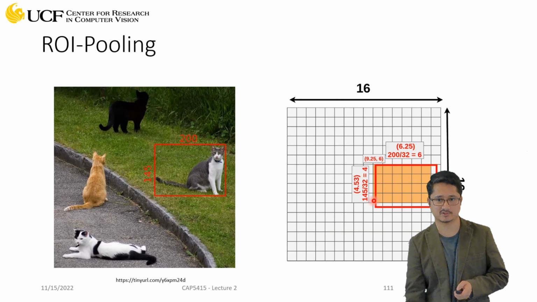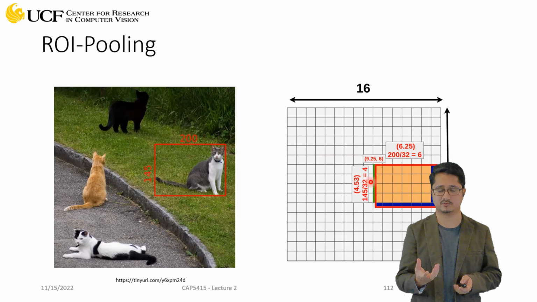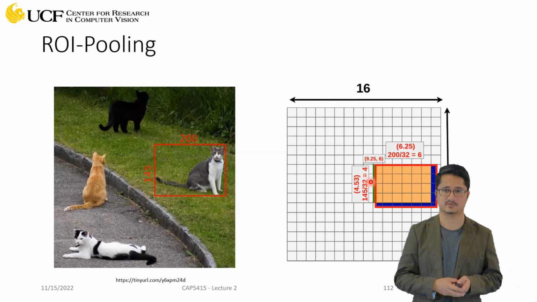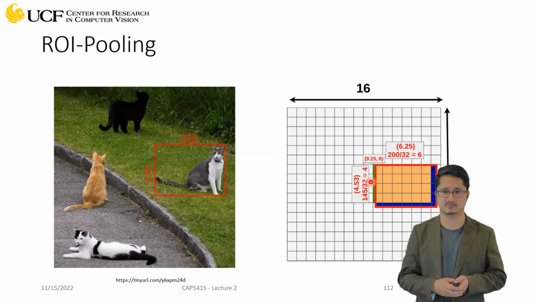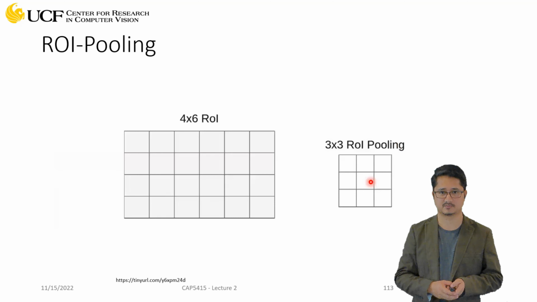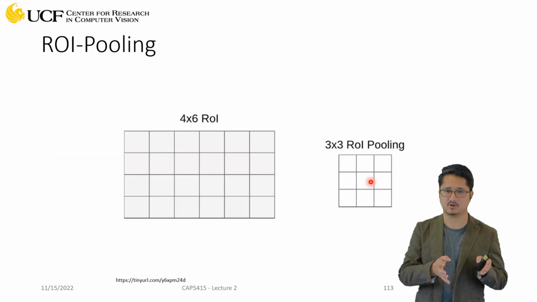And if you pay attention to this region here, this is additional information which we didn't want, because these pixels actually lie outside this bounding box. So if you look at the green region, that's something we didn't want but have to sacrifice with. And blue is something we wanted, but we have to get rid of it. So that's one way you lose information.